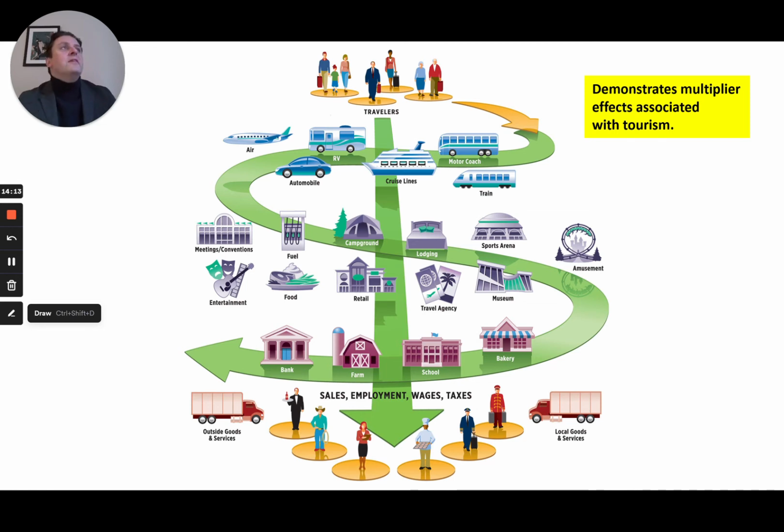Now you can see this in many, many different cities around the world. I live in Edinburgh, and every year we have the Fringe Festival, and the city has many, many thousands of people who come here to enjoy entertainment and go to restaurants and enjoy many different types of events, which leads to an increase in income, an increase in employment, and an overall increase in income for the city.